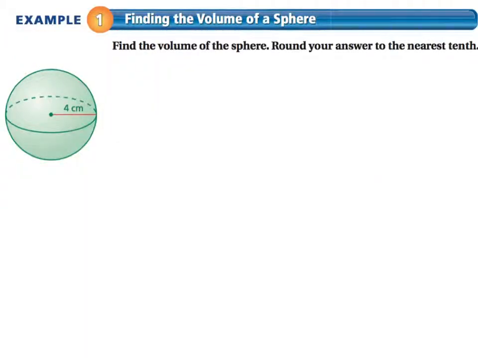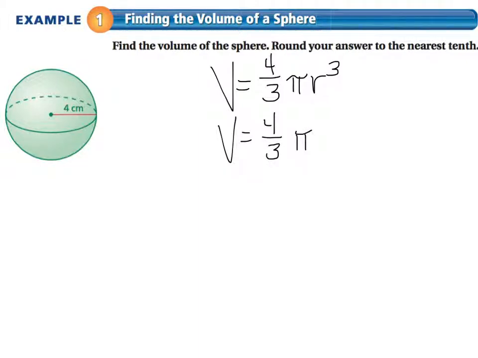So let's look at example number 1, finding the volume of a sphere. Here's our sphere. It has a radius of 4. So volume equals 4/3 pi r cubed. From there, we're going to plug in 4/3 pi and the radius, which is 4 to the 3rd power.